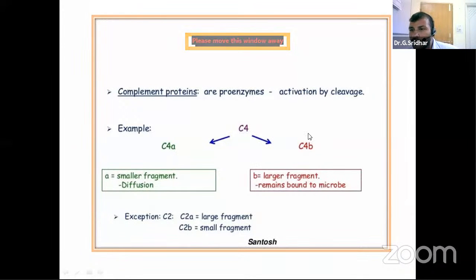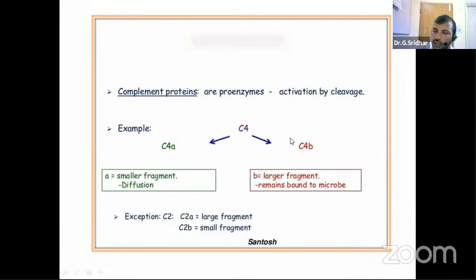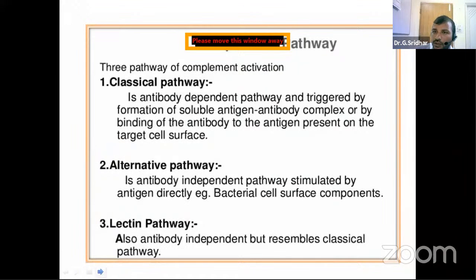That means C4B will go and activate C2. Coming to C2, C2 has only one exception. C2A is the larger fragment and C2B is the smaller fragment. This is the exception which you find in the complement system.